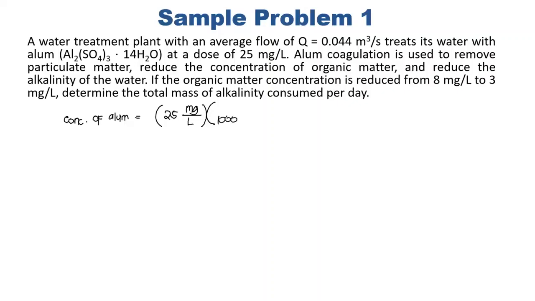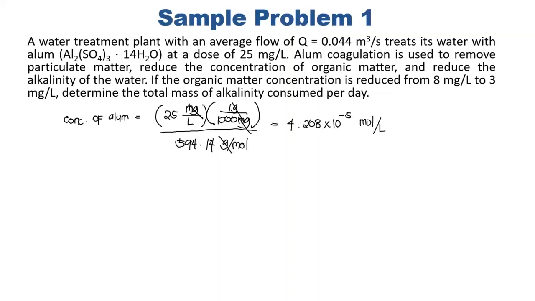So 1000 milligrams is equivalent to 1 gram, divided by the molecular weight of the aluminum sulfate, which is 594.14 grams per mole. Okay, so cancel milligrams, cancel grams. So the concentration of alum in moles per liter is 4.208 times 10 raised to negative 5 moles per liter.